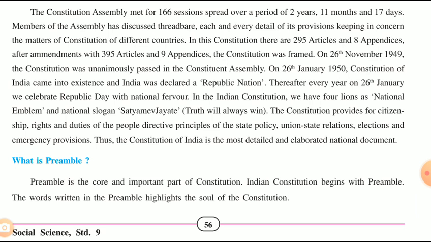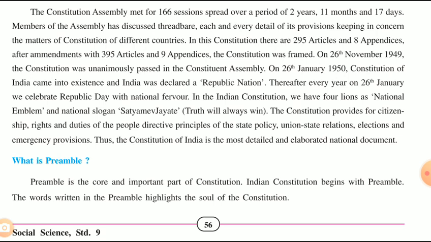This constitution included 295 articles and 8 appendices. And later on, these 295 articles became 395 articles, including amendments, and 9 appendices. So, after 2 years, 11 months, and 26 days, the Constitution of India was formed.